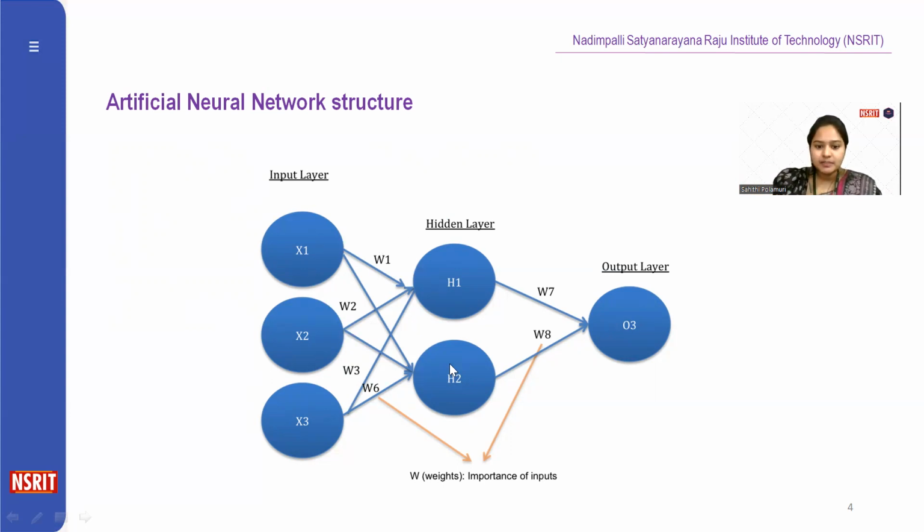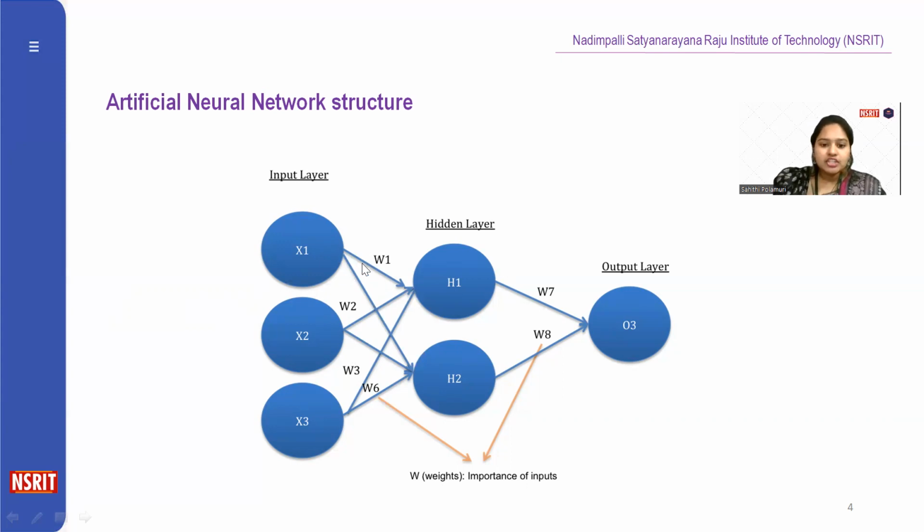In this particular example, the neurons in the input layer are connected to the neurons in the hidden layer, and hidden layer neurons will be connected to the next layer neurons. Like that, all the neurons will be interconnected with each other through connection links. These blue lines are nothing but connection links.